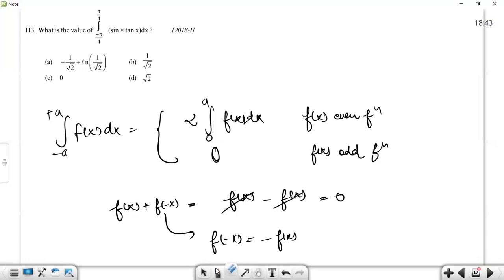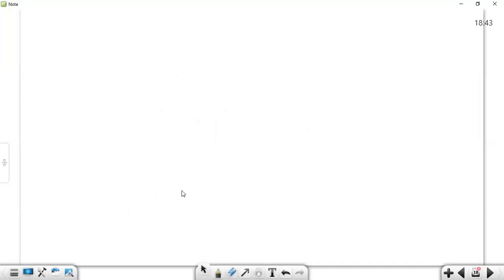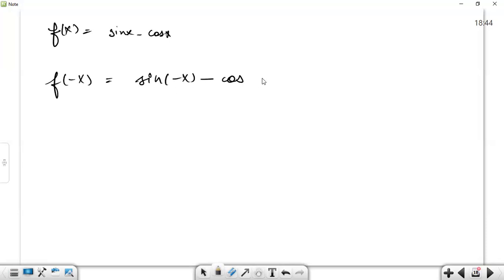Anyways, let's move on and discuss the solution of this question. Going ahead, let's discuss the function. The function is sine of x minus cos of x. For minus x, sine of minus x minus cos of minus x.